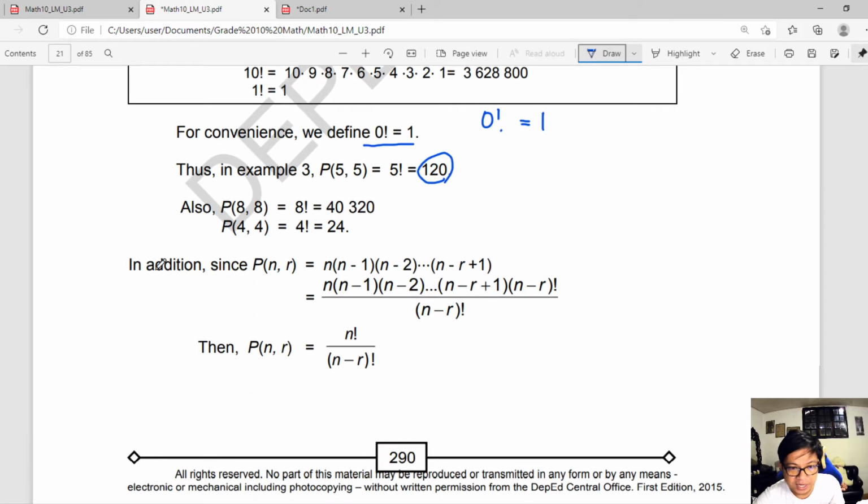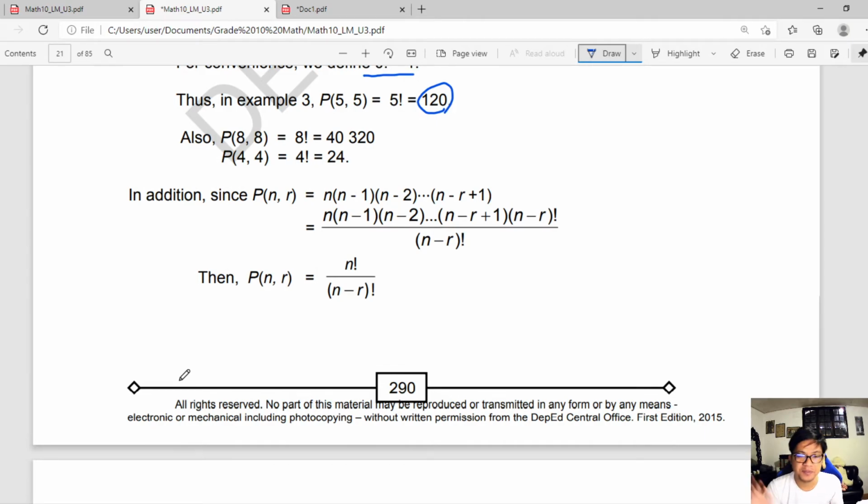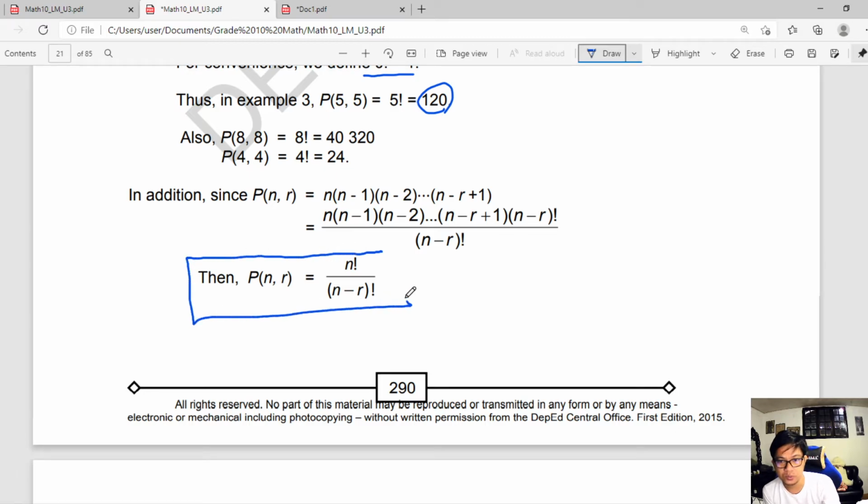So we have here, in addition, since P of n taken r at a time is equal to this notation, so we have here the formula used in permutation. This is the formula used in permutation. That is permutation of n taking r at a time is equal to n factorial over n minus r factorial.